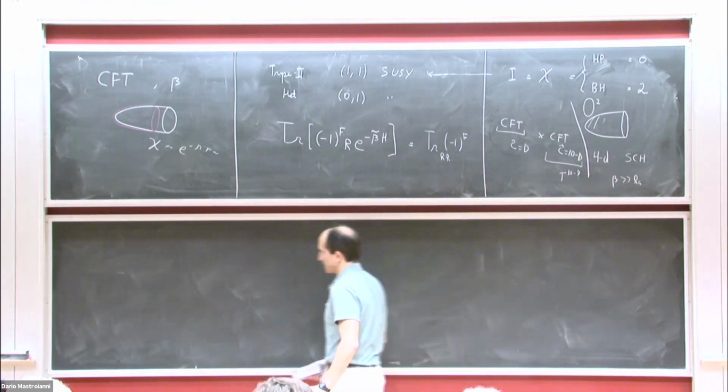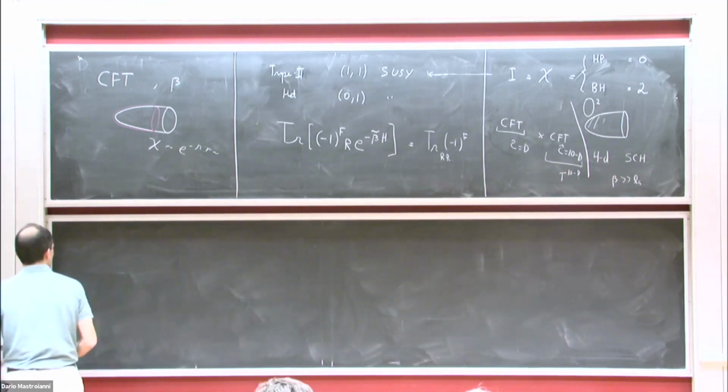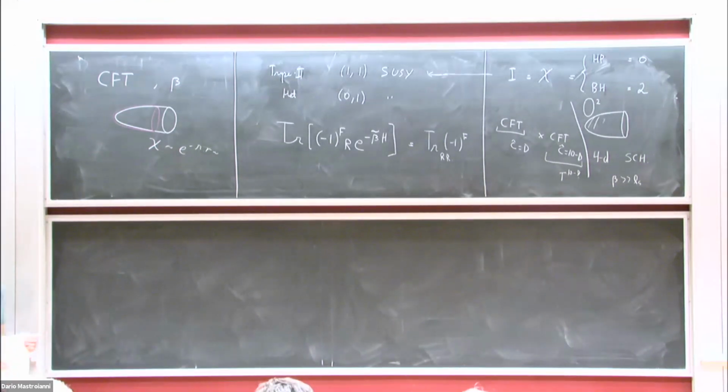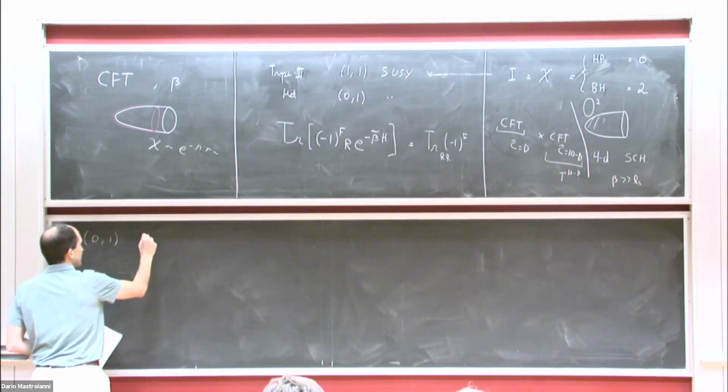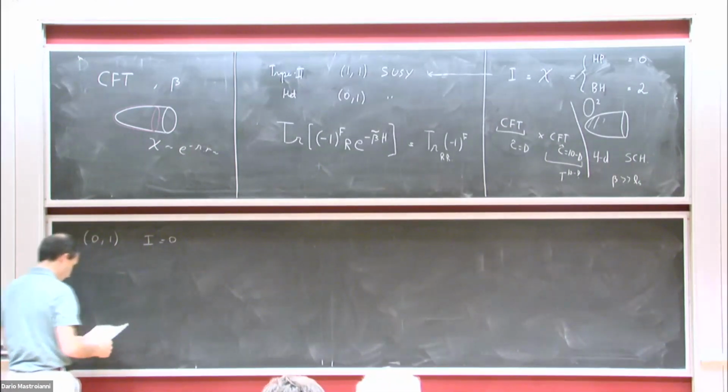While in the heterotic case, the Ramond ground states will be more like spacetime fermions. So the index is related to the index of the Dirac operator in the target space. And that is zero in both cases. The 0-1 theory, the index is zero in both situations.